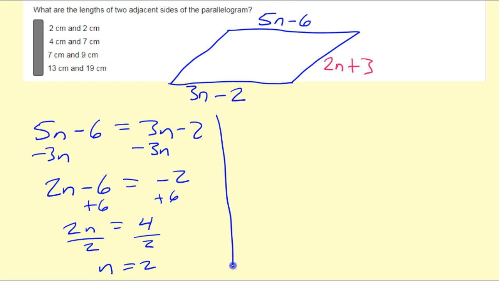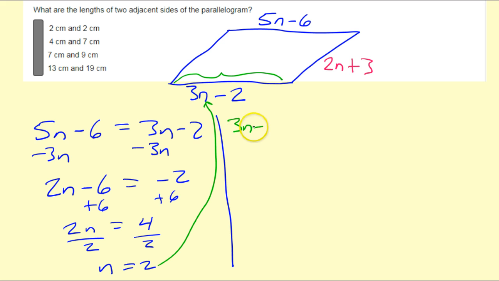Okay, great. Now we know the value of n. But what we really want to know is, what are the lengths of the sides? So to find the length of this side, for example, I need to take n equals 2 and substitute it back in right there.